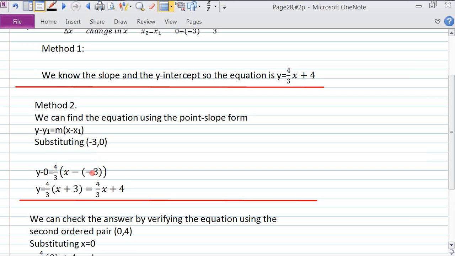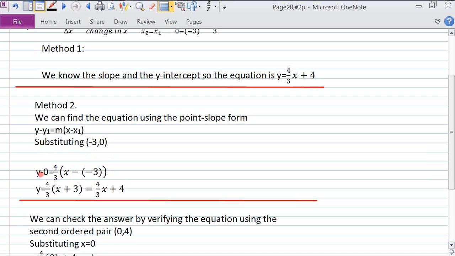And y1 is 0, so I'm substituting 0 for y1 here, and the minus 3 for x1 over here. When I do that into this equation, I get this.